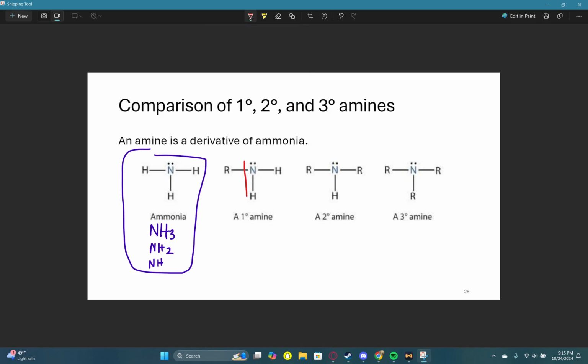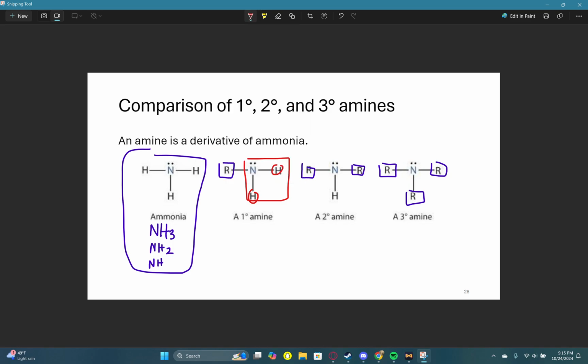We see that NH right here, right? The N and then the 2 H's. We can tell that we are working with an ammonia group. And this R off to the side is just one of the ways to tell if it's going to be a primary or a secondary or a tertiary amine group.